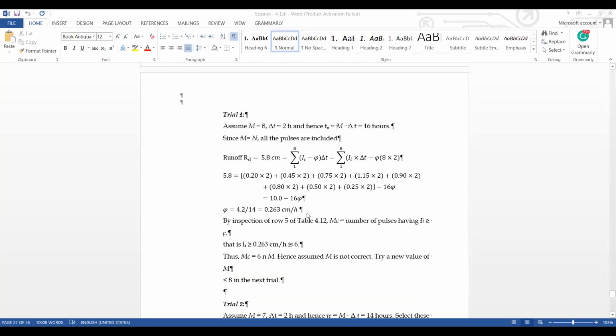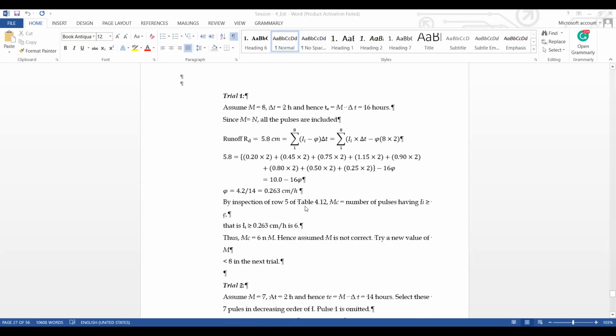You can do the trial first. You can assume m to be 8. That means all the pulses are greater than phi index, and you can do the calculation and see the value for phi index.